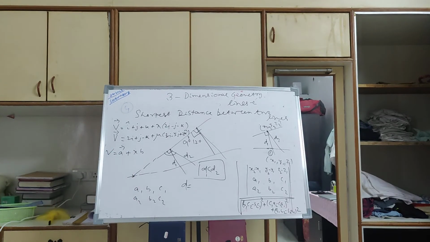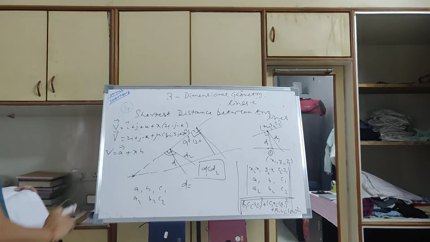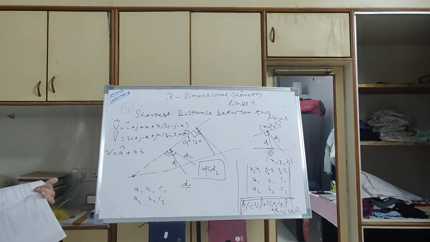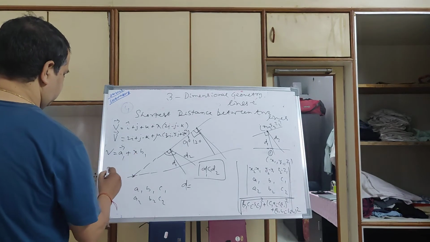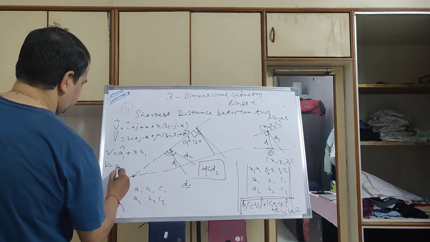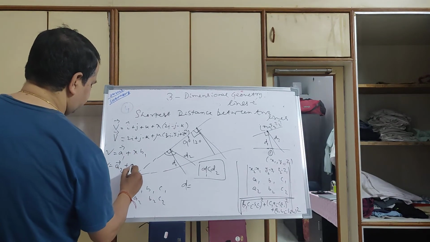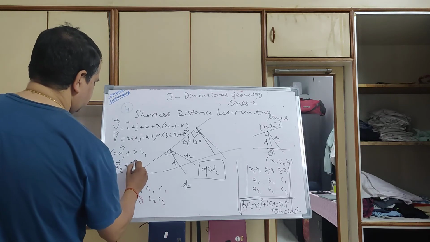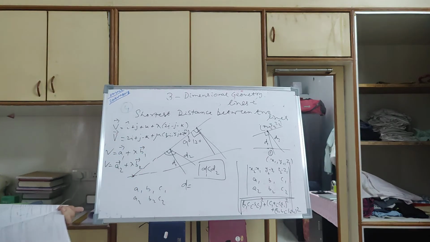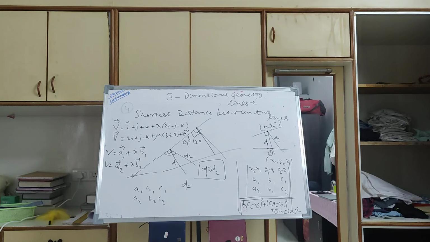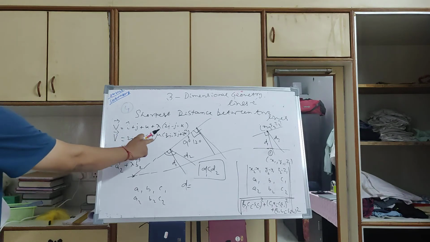This is the way it is being written. So here also it is being written in that way. So r is equal to a1 plus lambda into b1, then r is equal to a2 vector plus lambda into b2. If you are writing your vector in this form, my question here is also in this form.